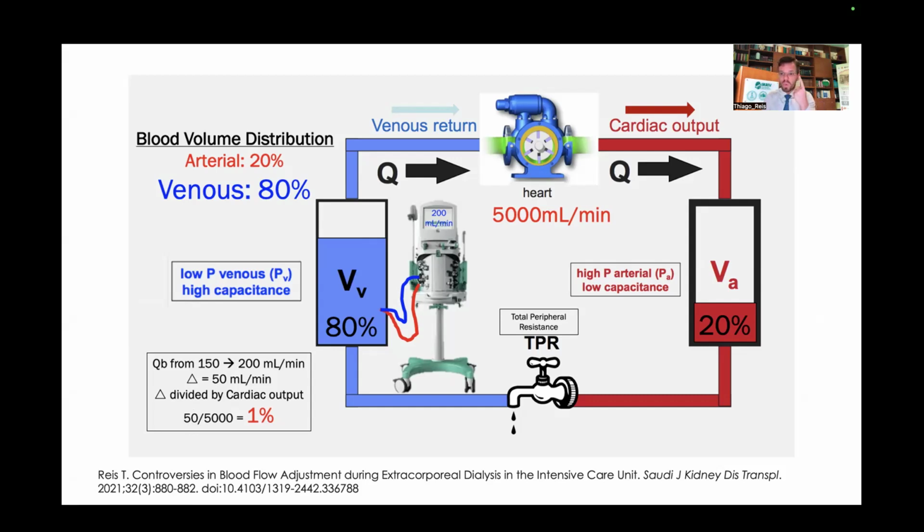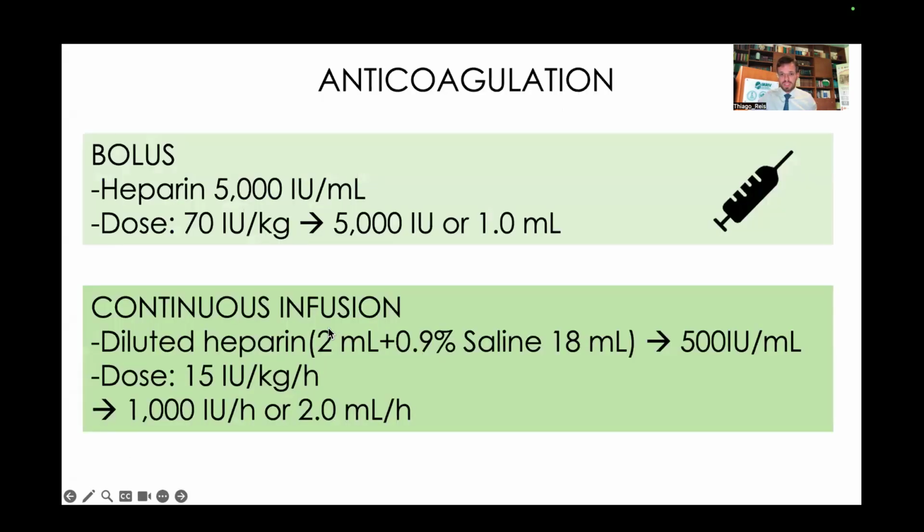This is just 1% of difference. And the pump of the machine is doing the work for the heart. So the heart is not under stress during dialysis. What causes instability or hypotension or increases the risk of hypotension is ultrafiltration.